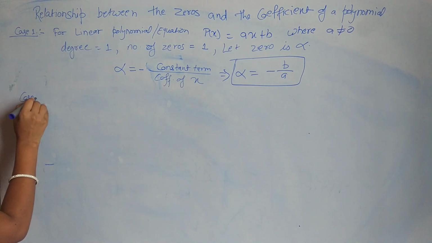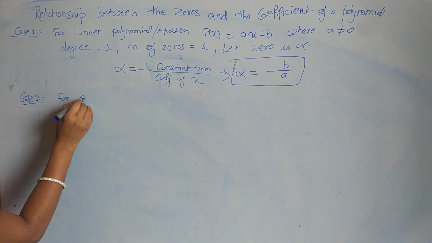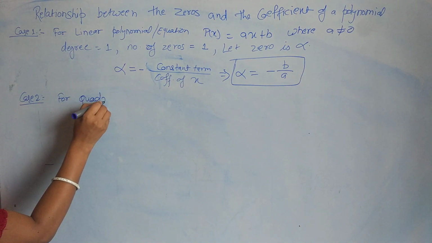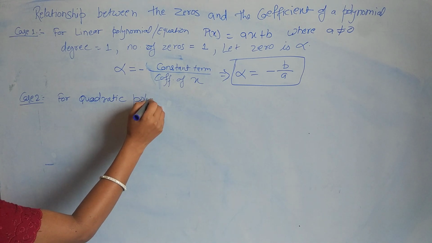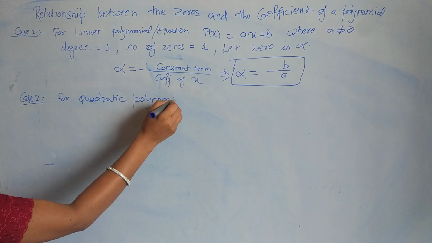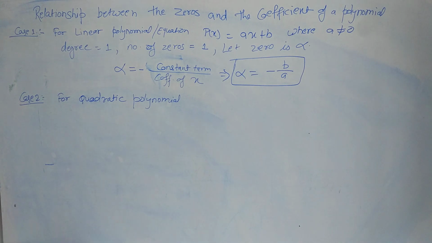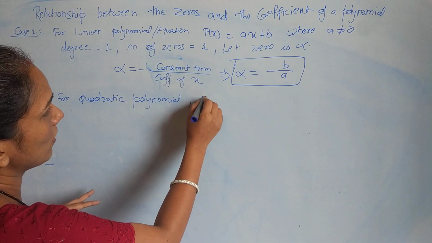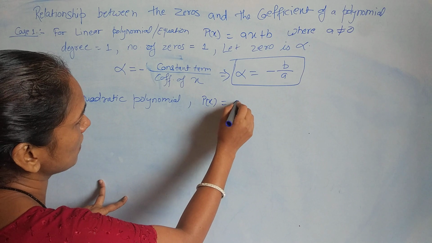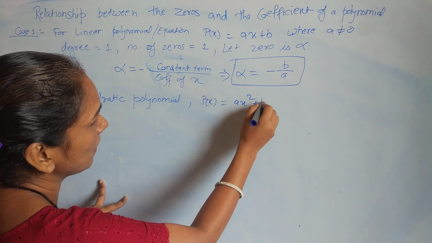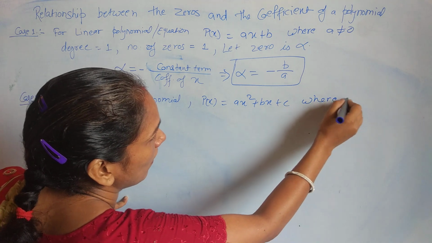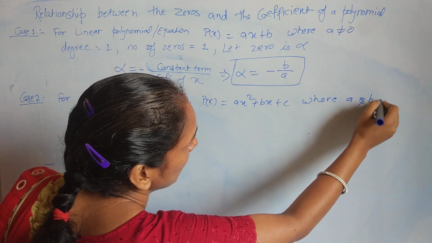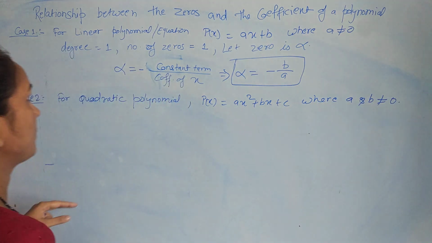Case 2, for quadratic polynomial or quadratic equation. The general format for a quadratic equation is ax square plus bx plus c, where a is not equal to 0.